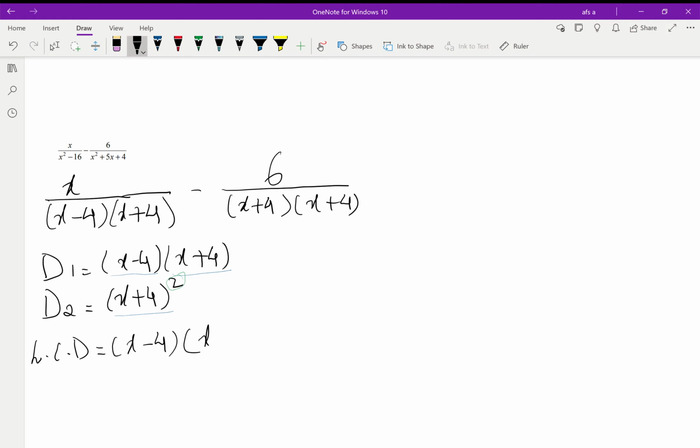I'm keeping my factor, which is x plus 4, twice, as the power indicates. So your LCD for this rational expression comes out to be x minus 4 times x plus 4 whole squared.